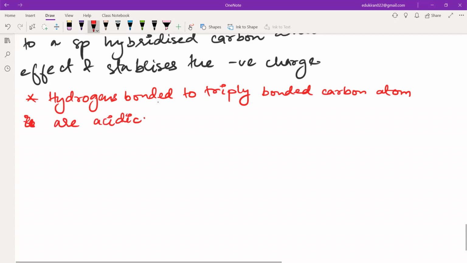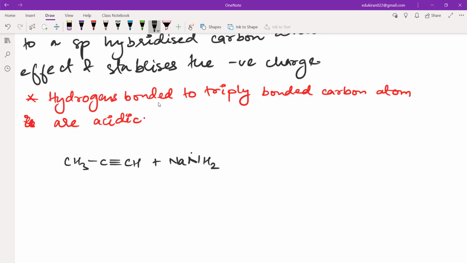It is not that in an alkyne, if I write CH3 C triple bond CH, these CH3 hydrogens are acidic. Only the hydrogen which is bonded to the triply bonded carbon atom. So if I react this with NaNH2, a very strong base, then the lone pair is going to attack the hydrogen, and we form CH3 C triple bond C negative, Na positive, and you will get NH3. So this is the type of reaction that is shown.